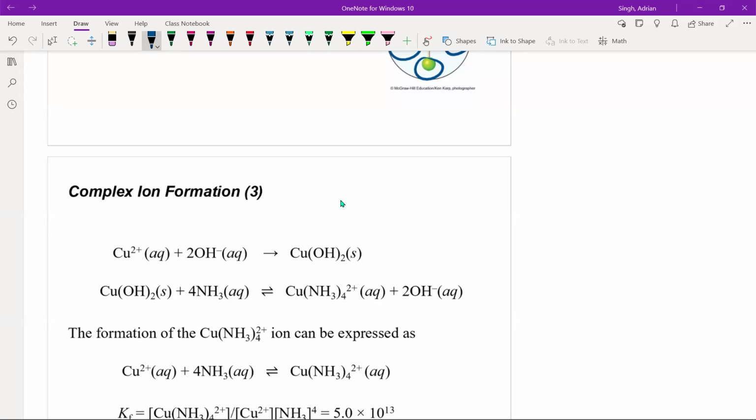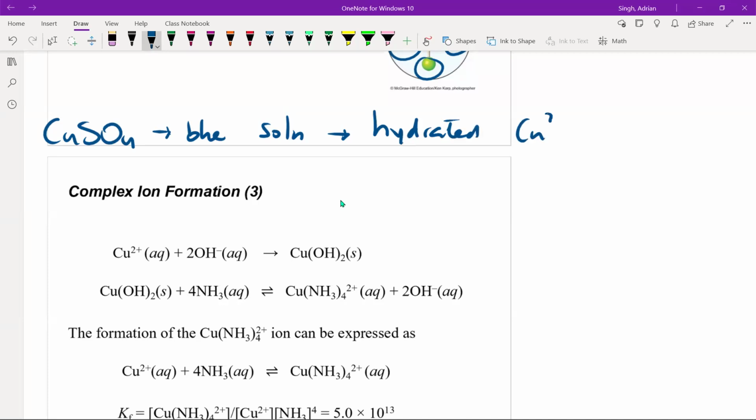If you add a few drops of concentrated ammonia solution to a copper sulfate solution, it causes the formation of a light blue precipitate. So copper sulfate is a blue solution due to the hydrated copper ions. If you add concentrated ammonia to it, it forms a light blue precipitate.